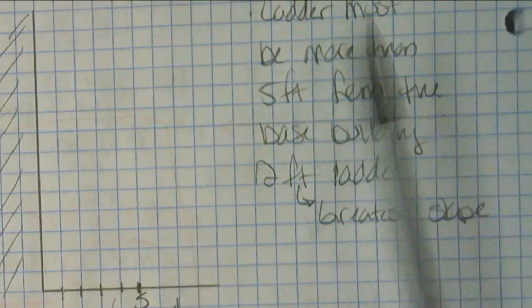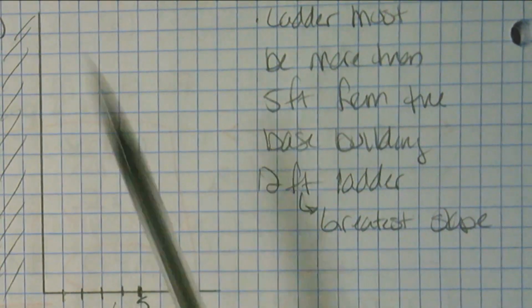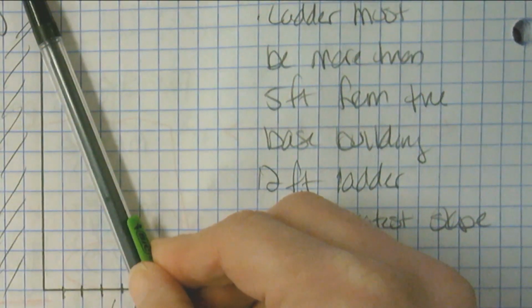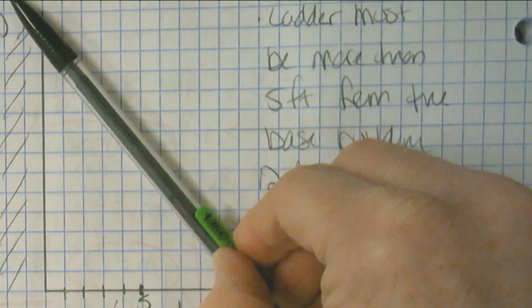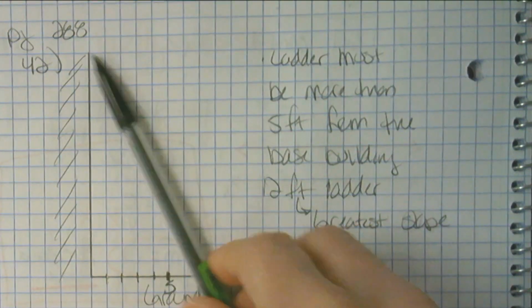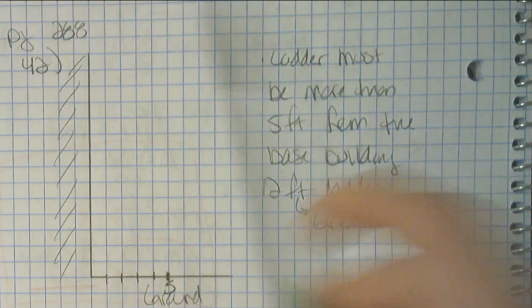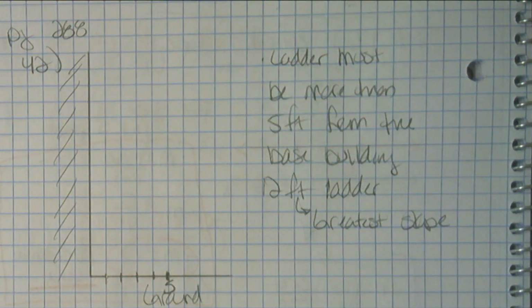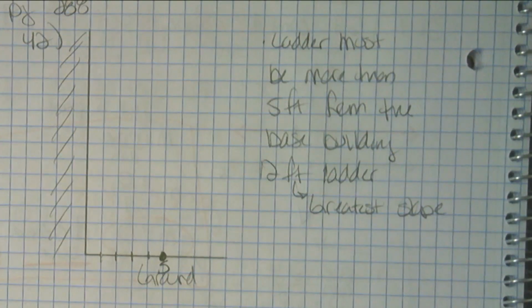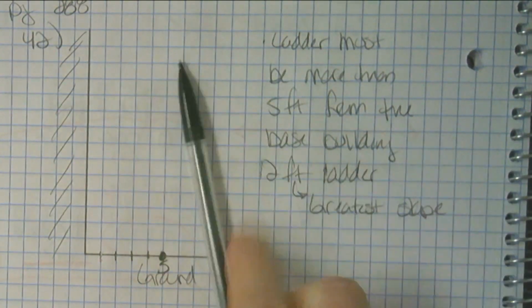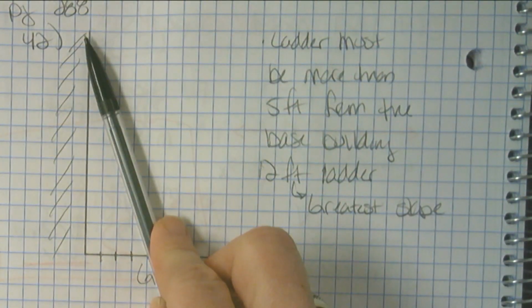The closest my ladder can be to the base of the building is 5 feet. So, where do I want the base of my ladder to be so I have the greatest slope? Abby? Can it be exactly 5 feet? It can be. Don't I want the base of my ladder at 5 feet? Absolutely. I want the base of my ladder right there. That's the closest it can get to my building, and it's going to give me the biggest slope.